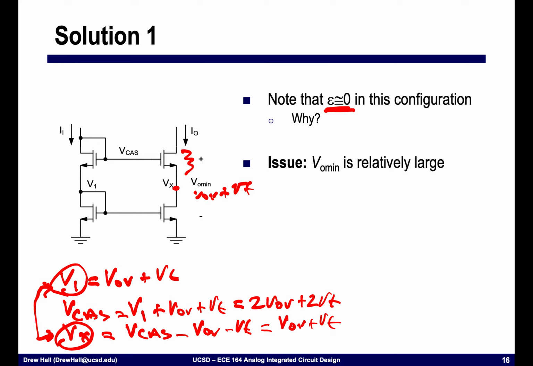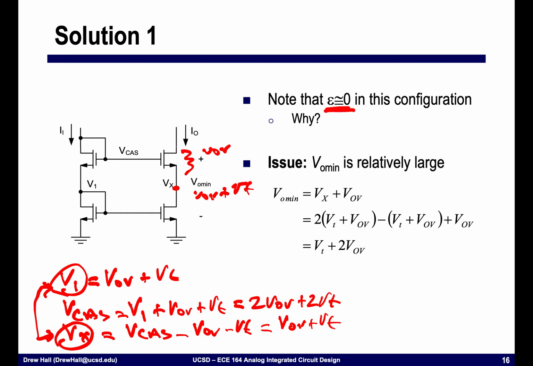And I need to go up one additional VOV in order to keep this device in saturation. And so what that means is that I need 2 VOV plus 1 VT in order to keep both of the devices on the right side in saturation. So I have a much higher compliance voltage.